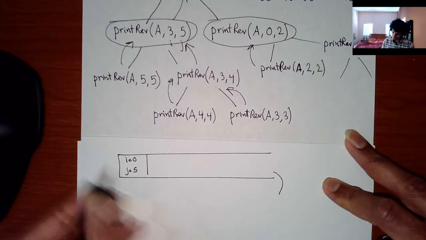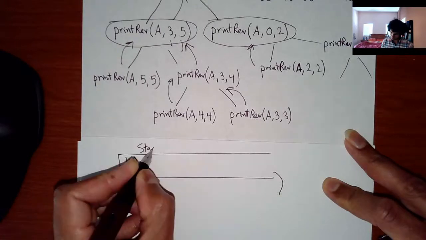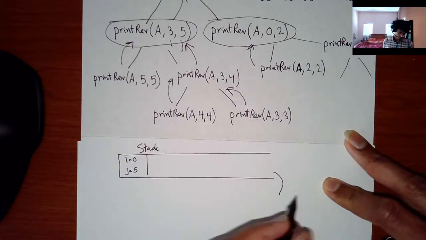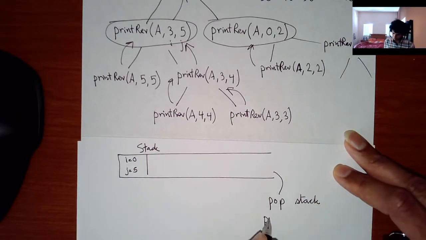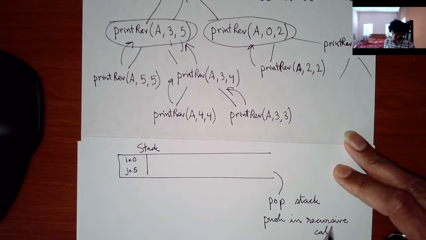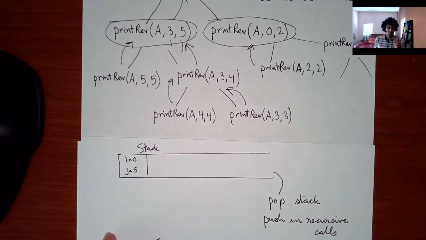Now I'm going to implement this by saying, okay, to deal with the first call, this is a stack now. I'm going to pop the stack, and I'm going to push in the recursive calls. For those of you who know what tail recursion is, this has tail recursion, and that's why I'm implementing it this way.